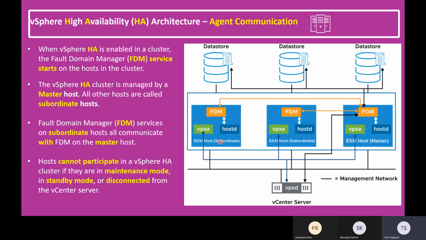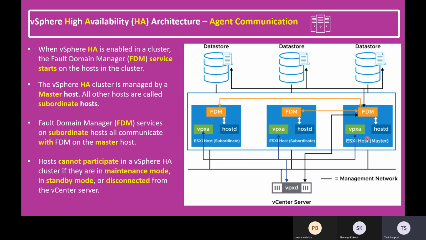But in our previous 6 series edition, we called it a master, and instead of subordinate host, we also called it a slave host. Any name is the same. Okay, don't be confused. The terminology is different, but the concept is the same. Within high availability, when we enable HA in the cluster, every cluster consists of one master host and the remaining are all considered either secondary hosts or subordinate hosts.